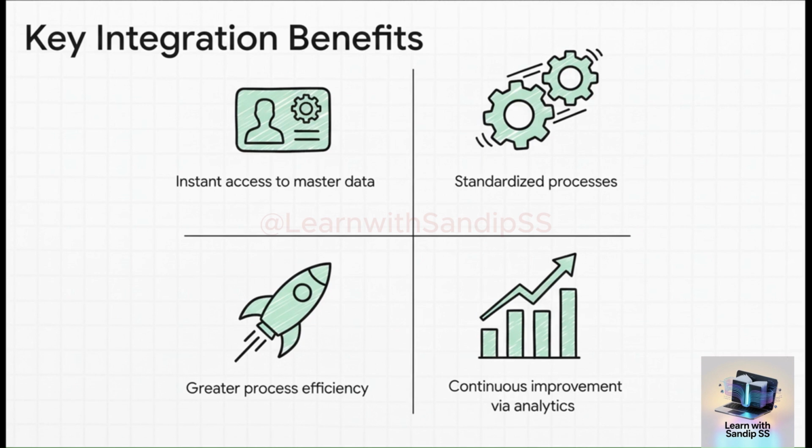Then, it standardizes all your processes. This means everyone is working from the same playbook, which is a game changer for consistency. Naturally, this makes everything way more efficient because all the different steps can talk to each other automatically. And maybe the best part, since everything is connected, you can actually look at the whole process and see what's working and, just as importantly, what isn't, so you can keep making things better.